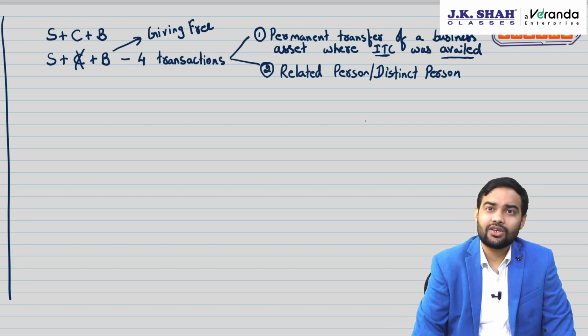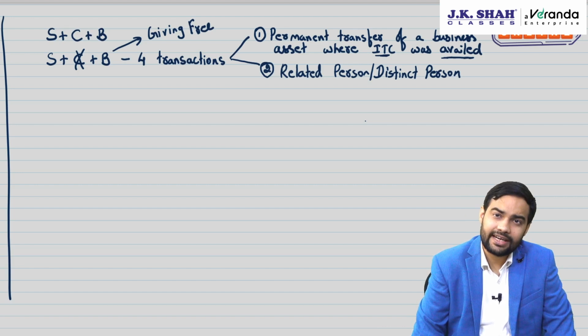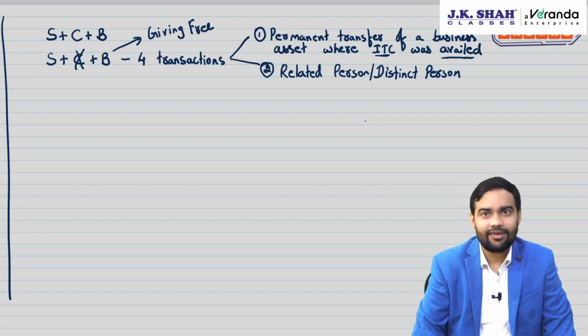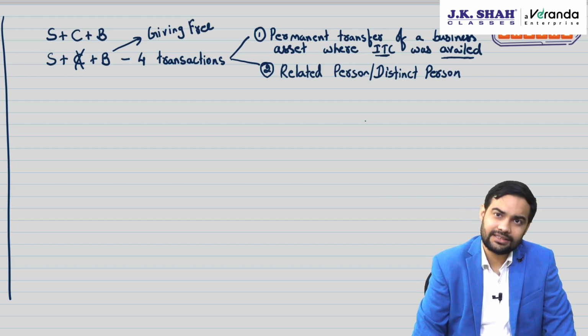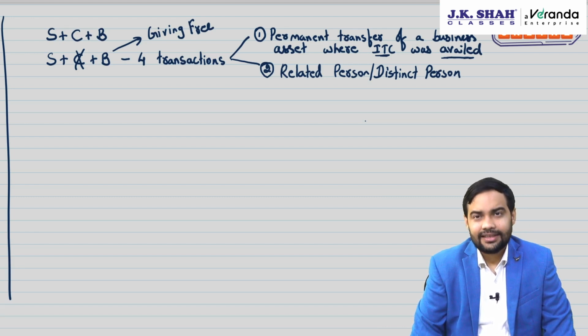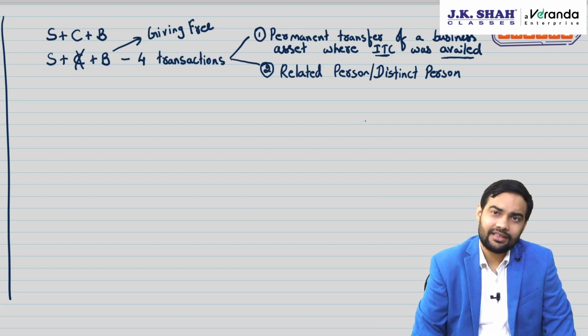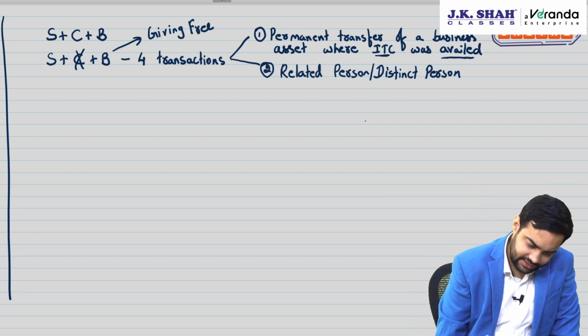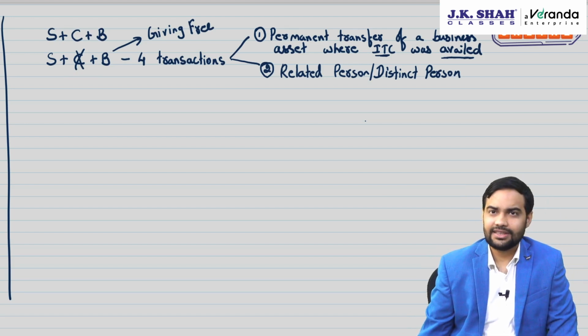Thereafter, we have a clause relating to one controlling another, 2 controlling one, 1 controlling 2, family. Family covers spouse plus children plus dependent, grandparents, parents, brother, sister. All these are considered as family. The moment a related person transaction is triggered, even if it is without consideration, the law very clearly says that we will need GST on this transaction.